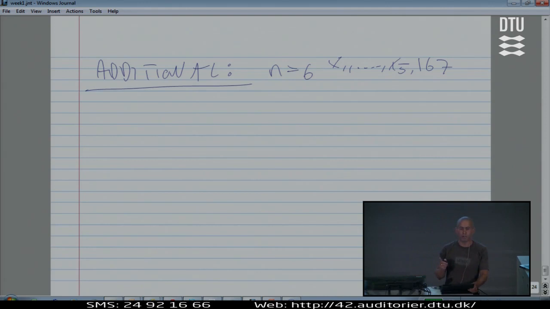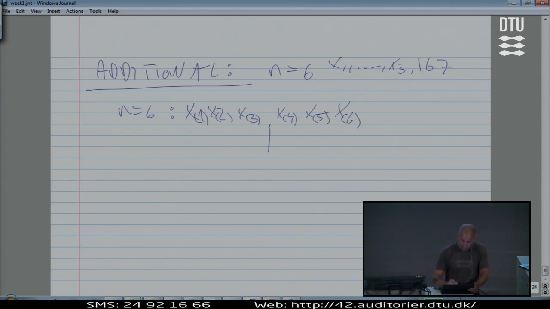Actually, the other point I wanted to make was if n equals 6, there is no middle point, right? We have x1, x2, x3, and we have x4, x5, x6. Sometimes you use such a notation here to indicate that these are ordered. So I have the 6 observations in an ordered sequence.